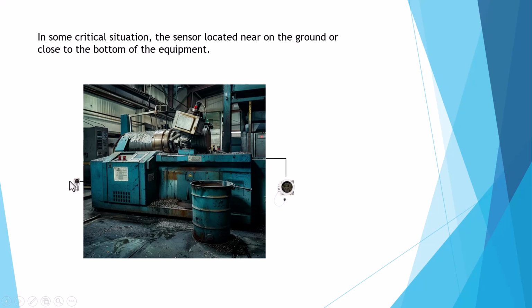Here he wants to detect this LEL on the ground immediately, then send the signal to the transmitter to activate the alarm. For example, if 10% LEL comes out, 8% goes to the roof. Here the sensor captures just 2% LEL, but 2% LEL does not activate the alarm. Most of the time it is 4% or 5% LEL that activates the alarm.